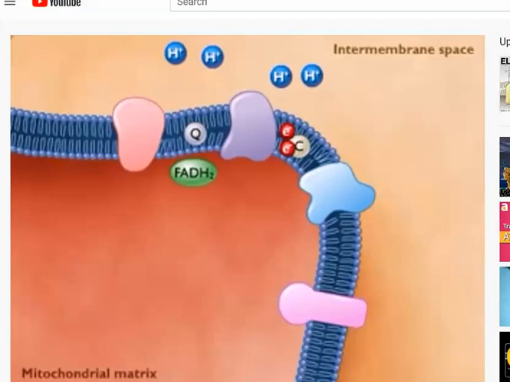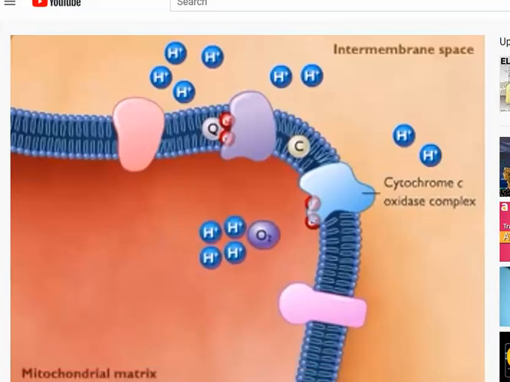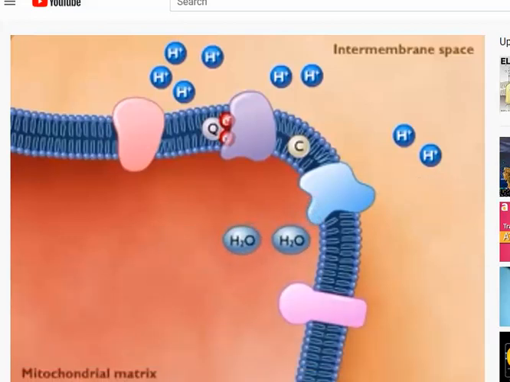Electrons are also transferred from FADH2 to coenzyme Q, with the protons being transferred across the membrane. Cytochrome C transfers electrons to the cytochrome C oxidase complex. Protons are also transferred to the outside of the membrane by the cytochrome C oxidase complex. The cytochrome oxidase complex then transfers electrons from cytochrome C to oxygen, the terminal electron acceptor, and water is formed as the product.